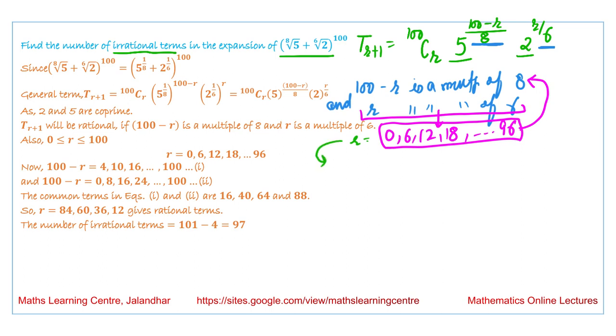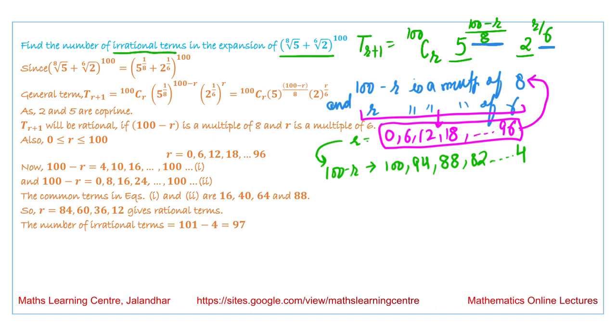From this, if we calculate 100 minus r, the answers we have are 94, then 88, then 82 and so on up to 4.